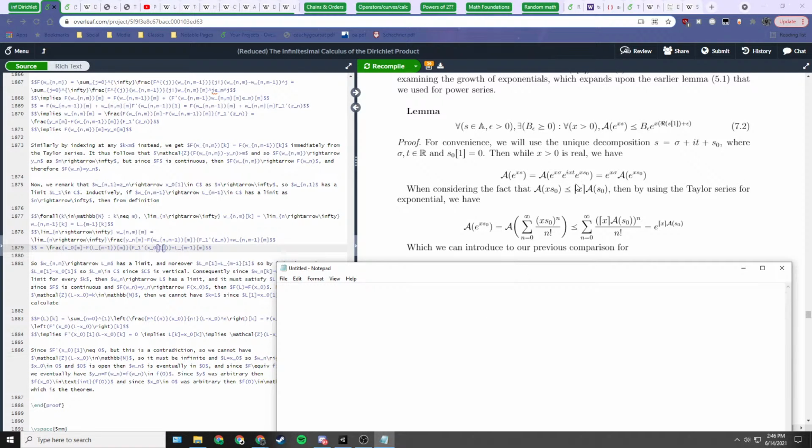So we have a e to the x bounded by some b sub epsilon times exp of x times the real part of s. This would be p1 of s in our modern language. p1 of s, then plus epsilon.